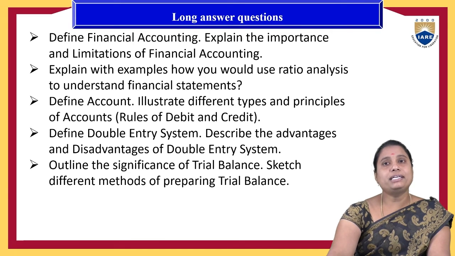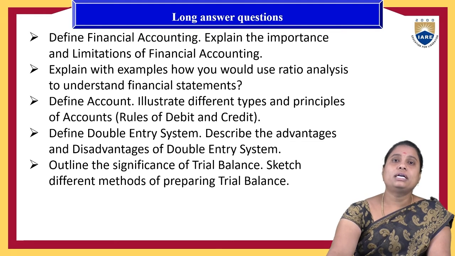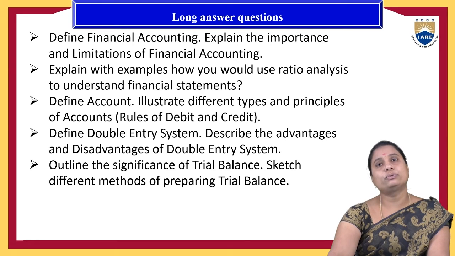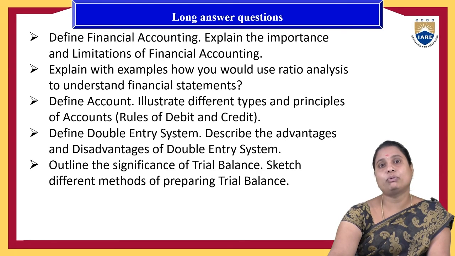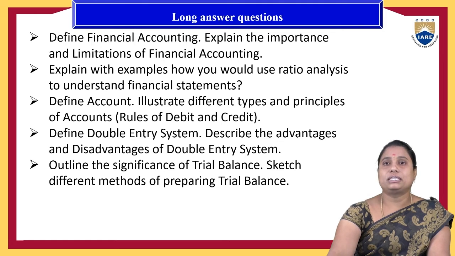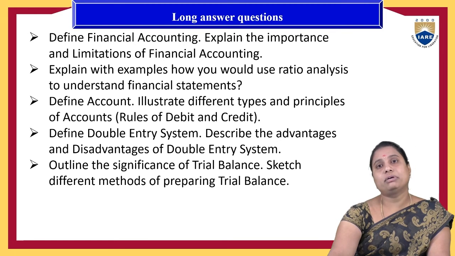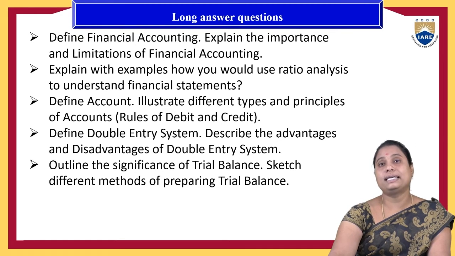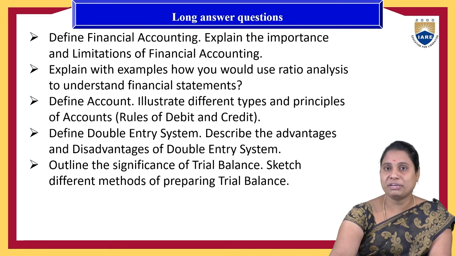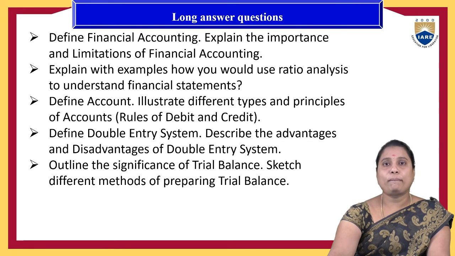And define double entry system, describe the advantages and disadvantages of the double entry system. So here the double entry mechanism, as per the GAAP rules, what is its benefit, when was it introduced, and what are its advantages and disadvantages when compared to the single entry mechanism, how it is going to be beneficial, everything we need to provide.